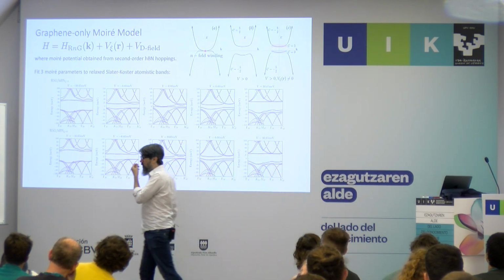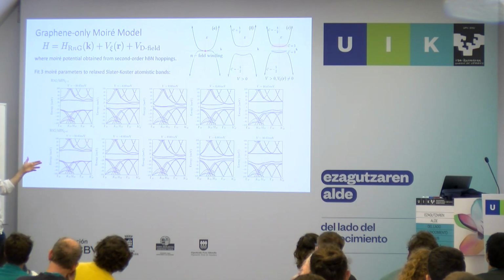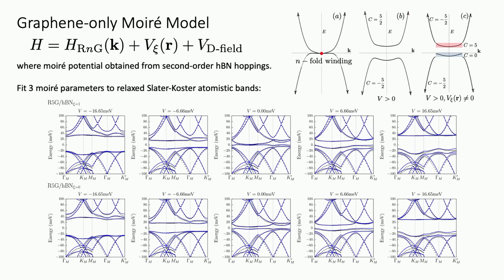Let me give you a little bit more of really what happens. This is with and without relaxation, but basically, as you can clearly see, this is ab initio, the relaxation only matters in the valence bands. The conduction bands are basically the same with and without relaxation.